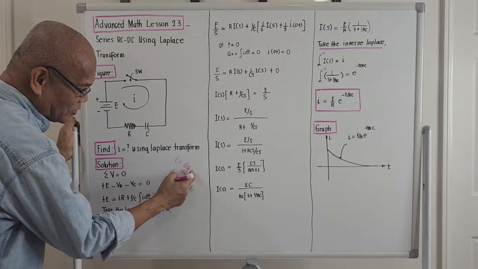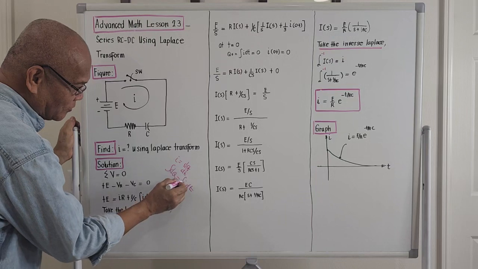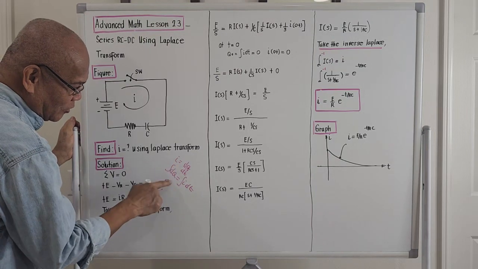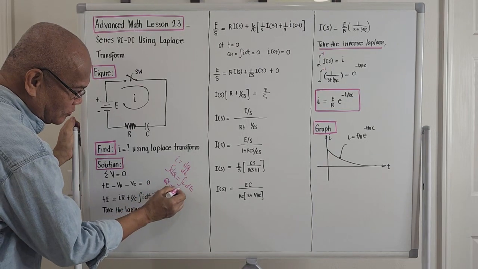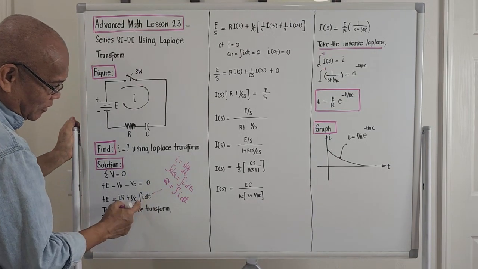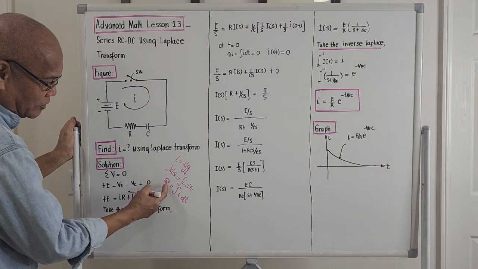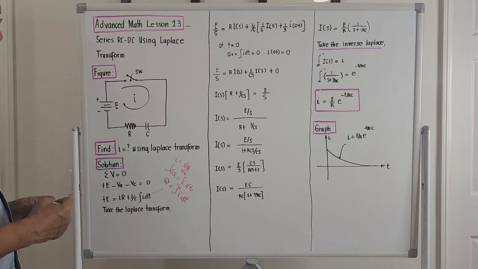This Q here refers to the charge on the capacitor. If we take the integral of both sides, the integral of dq will be simply Q, and this should be equal to the integral of i dt. So the integral of i dt is the charge on the capacitor. Okay, let's continue.